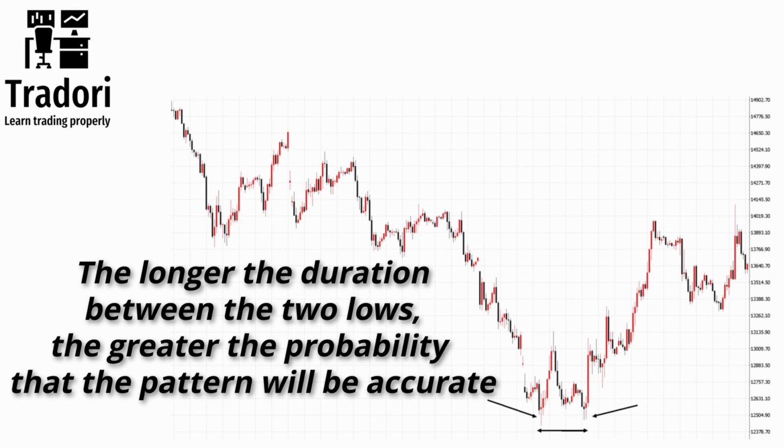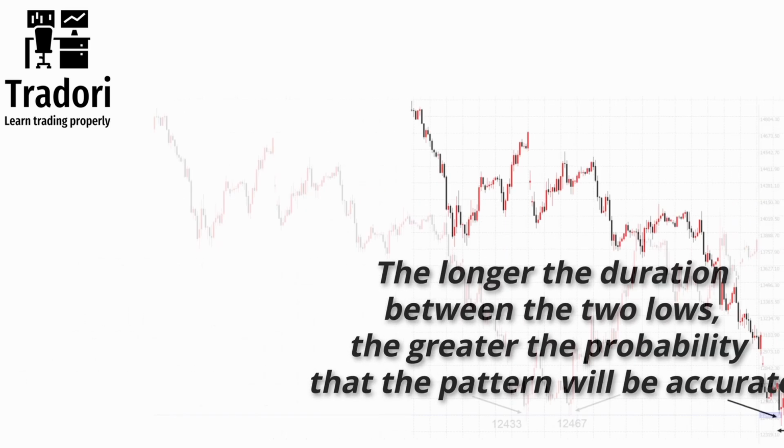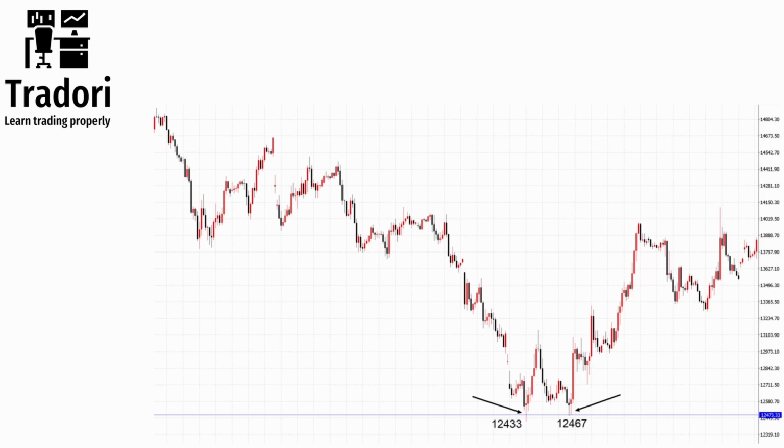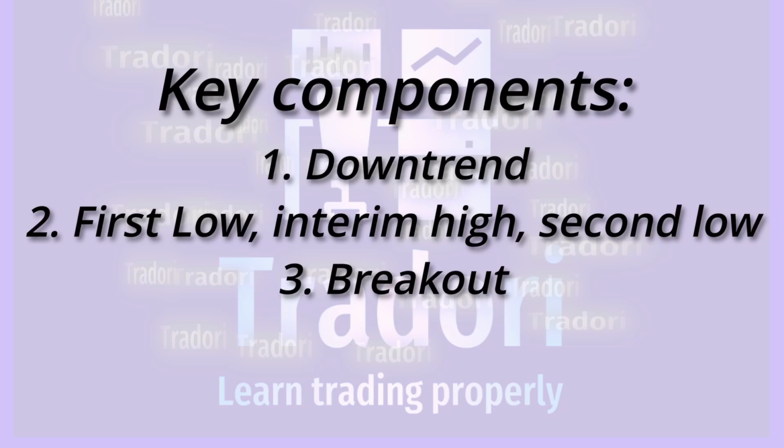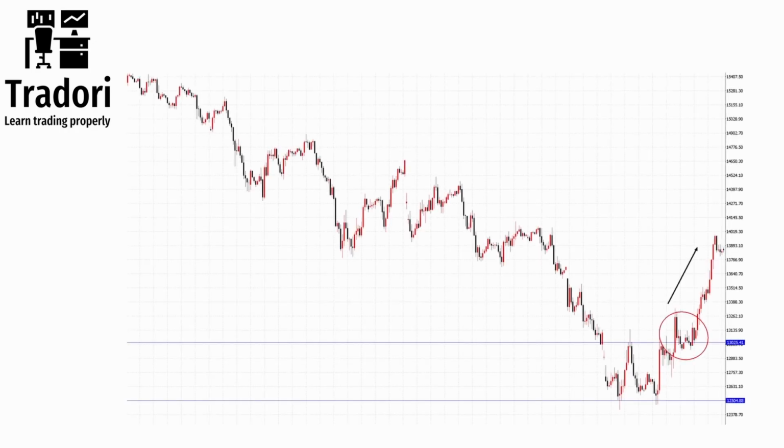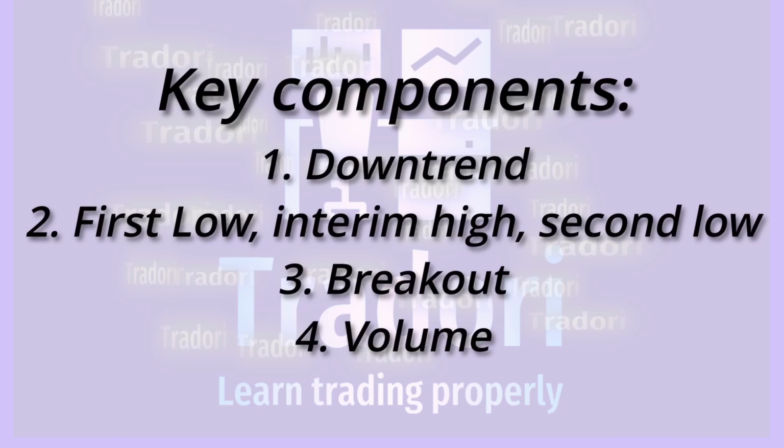Also keep in mind that the two lows, which form the support level, shouldn't be far away from each other in terms of price. It should be in range between 0 to 5%. Breakout. Pattern is confirmed when the price breaks above the interim high, signaling that the bulls have taken control of the market. Volume.